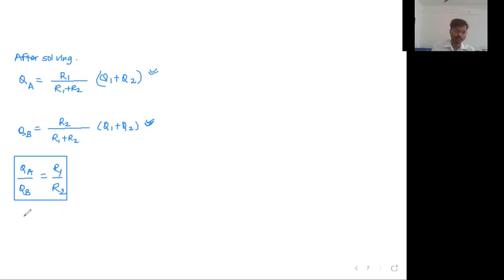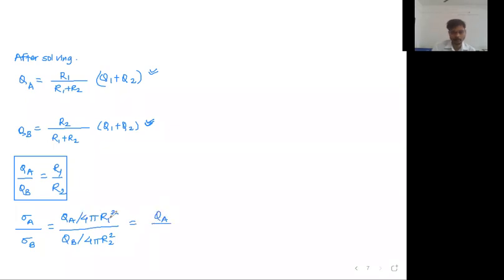Okay. Next question. What is the ratio of charge density on first conductor to charge density on second conductor? Very simple. Charge density, charge per unit area. Surface area of the sphere is 4 pi R1 square, divided by charge density on the second sphere, which is charge on the second sphere upon surface area of the second sphere. 4 pi will get cancelled.